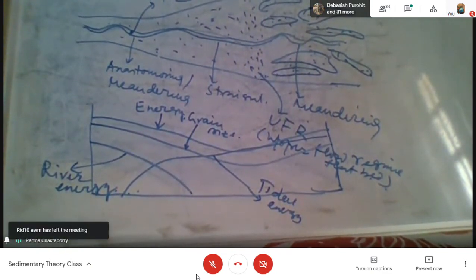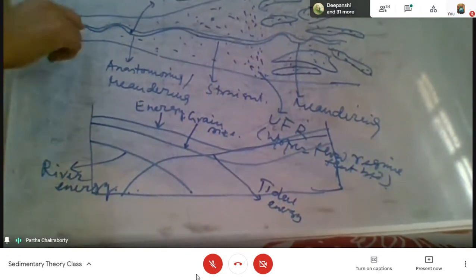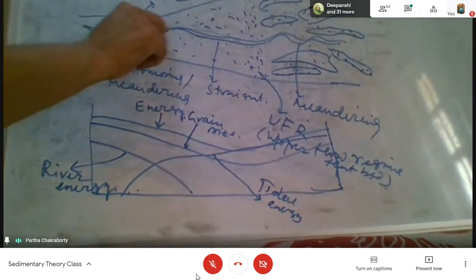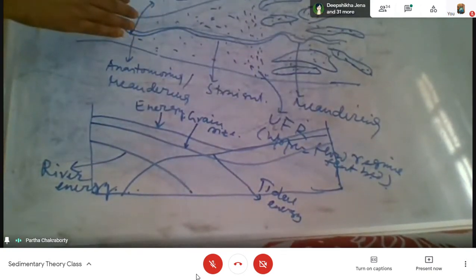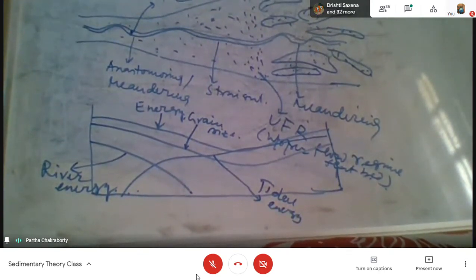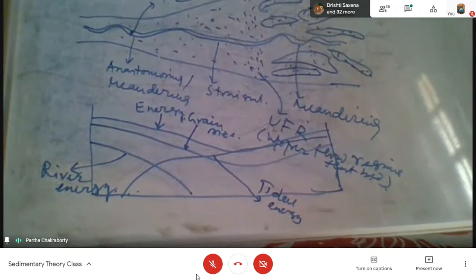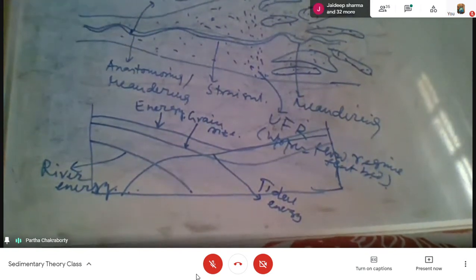That never happens in a tide dominated estuary, because here the river system continues even up to the last. It doesn't end as we have seen in the wave dominated estuary, where the river system ends with the Bay Head Delta formation. Here there is no such case.